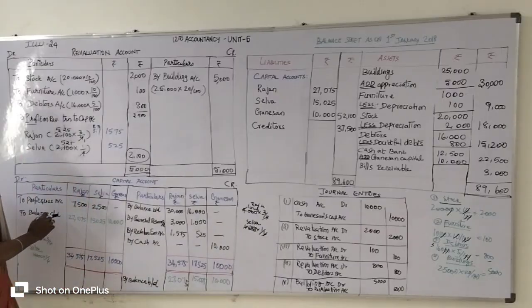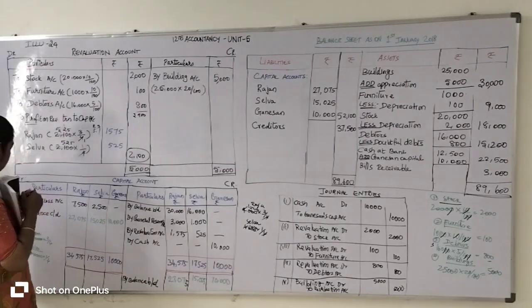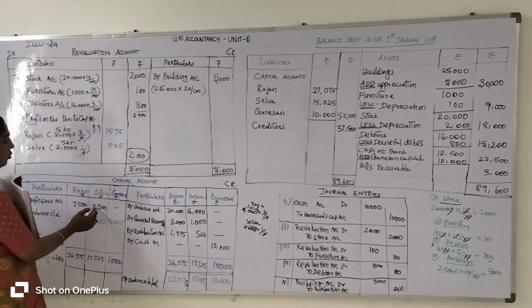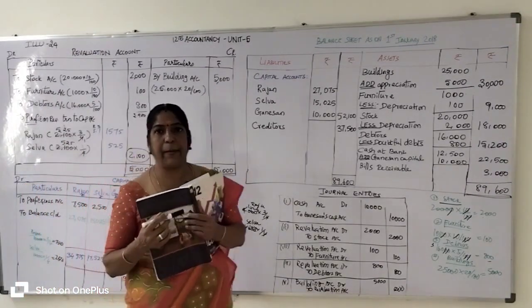We distribute that 10,000 rupees loss to the old partners in their old profit sharing ratio. 10,000 into 3 by 4 means 7,500, and 10,000 into 1 by 4, a quarter, means 2,500 rupees, distributed to the respective partners' capital accounts.